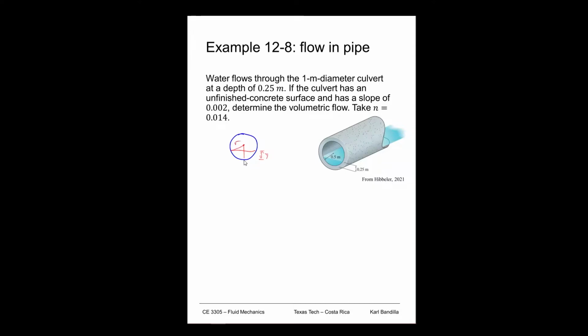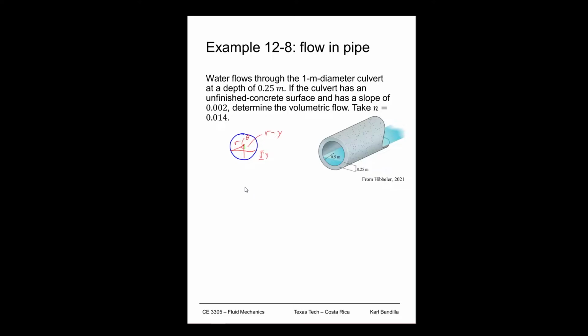If this is the radius and this lower part is y, then we know that this little piece right there, that piece in green, is just r minus y. And the angle that we're interested in is the little angle in here, and we'll call that angle theta.